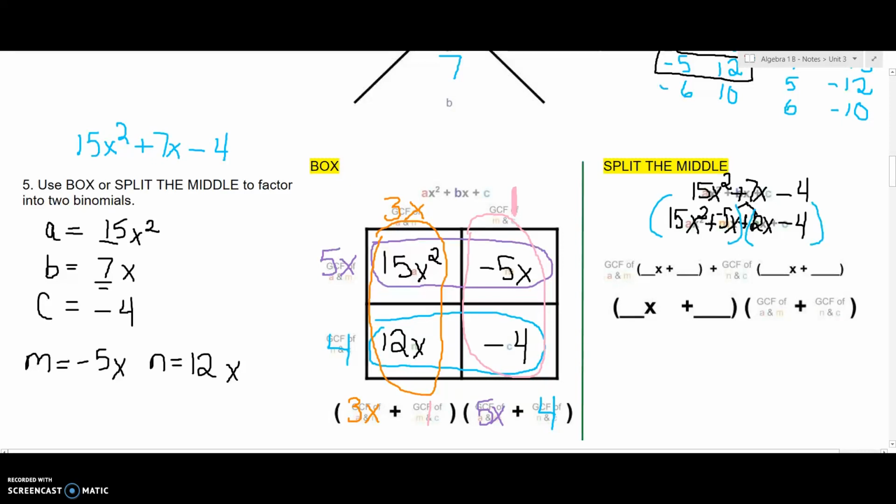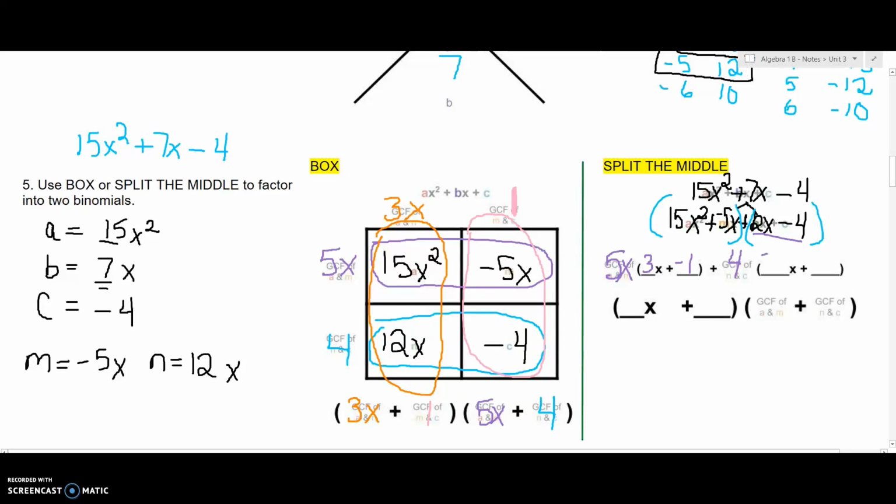And I'm going to pull out the GCF of the first terms. So the GCF of these two terms is 5x. And then whatever I have left over, when I divide them out, I put in my remaining parentheses. So this is 3x minus 1. And then I'm going to pull out the GCF of my second set of parentheses. So I can pull out a 4.